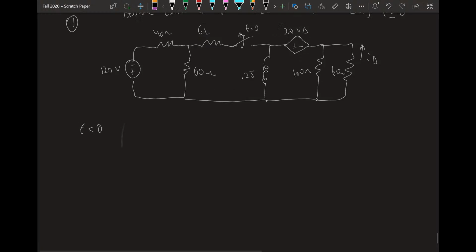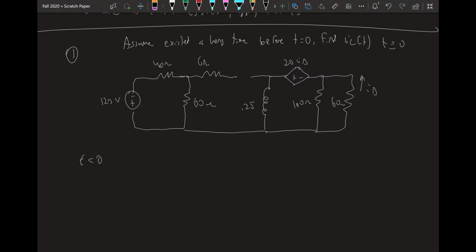For t before 0, this switch is closed, and the inductor is fully charged, so it acts as a short. When it acts as a short, all the current coming from this voltage source flows here and then here, and none of it flows here.